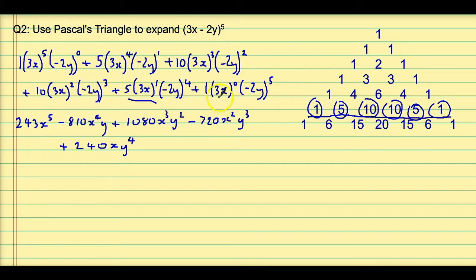And then finally we've got the 3x to the 0, which is 1, and the negative 2y to the 5, which is negative 32y to the 5. So obviously the 3x to the 0 becomes 1. 1 times 1 times negative 32 gives us negative 32y to the 5.